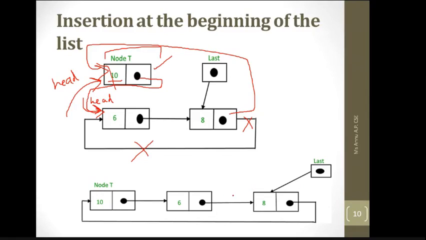Because you have the address of this node in the last pointer, it becomes very easy to delete this node, because you don't have to search whether this is the last node of the list, which we did in the case of singly linked list deletion. So whenever you are performing deletion from the last position, you have the last node address in this extra pointer.